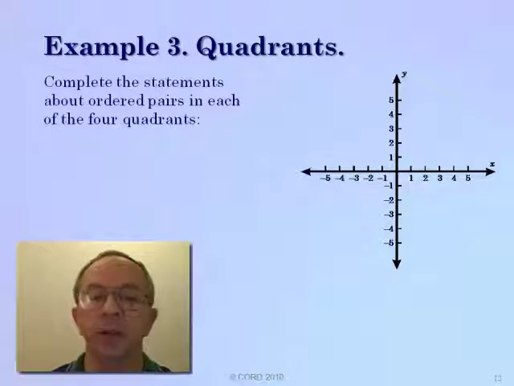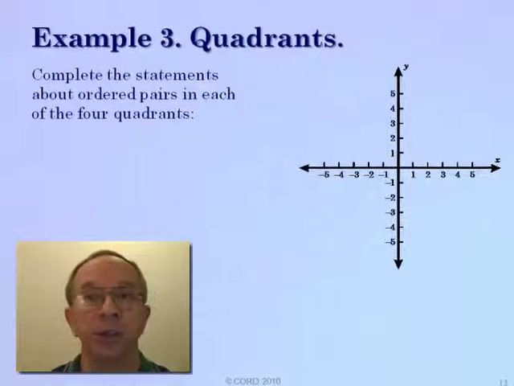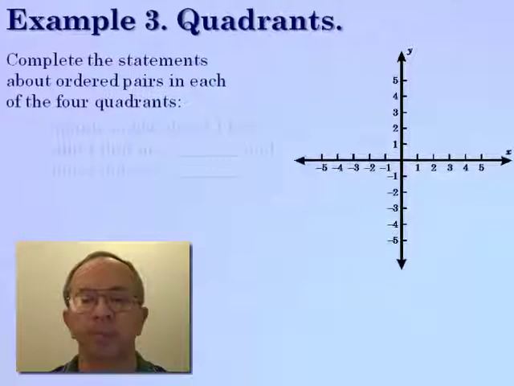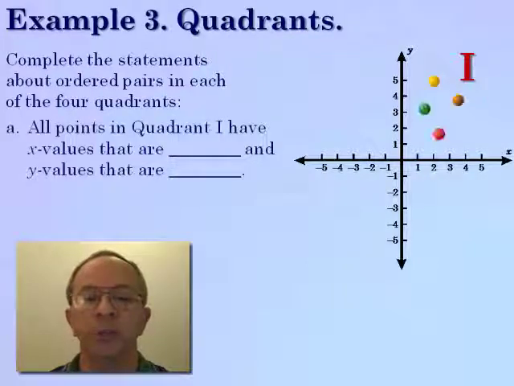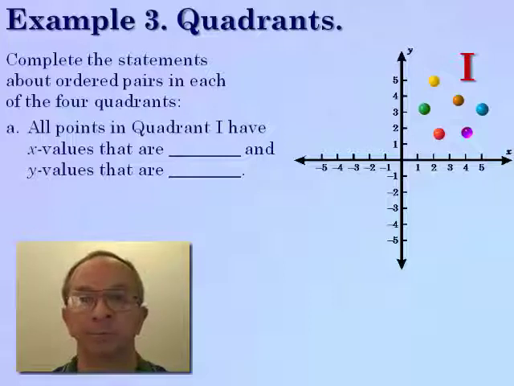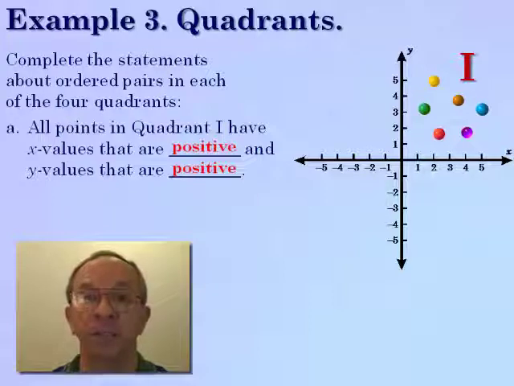Let's complete the statements now about the ordered pairs in each of the 4 quadrants. All points in quadrant 1 have x values that are either positive or negative, and y values that are either positive or negative. What would you supply there? Oh, you're right. Positive and positive.